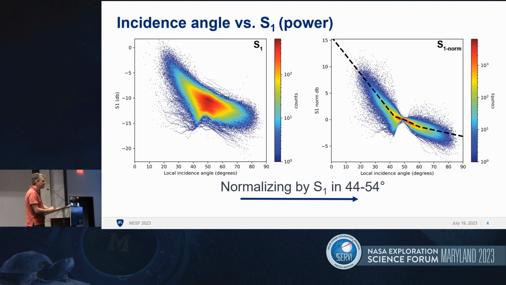So I've taken the liberty of normalizing out this difference that exists at 49 degrees in each collect. And then you see that all the S1 data basically collapse onto a fairly neat function, where there's a steep power law branch at lower incidence angles, where you're getting a specular reflection of the radar wave back to the instrument, and then a more cosine-like behavior at higher incidence angles.